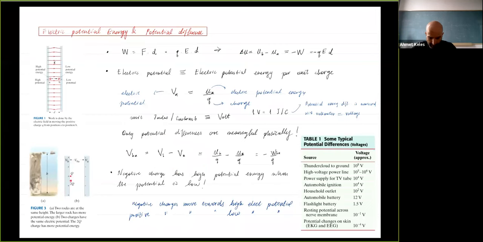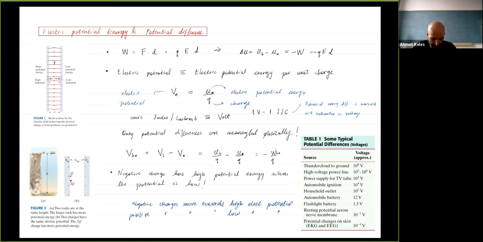So the nice thing about this, if you have the electric potential, you can get the electric potential energy. You just multiply it with Q, right? Q times V is going to give you U. But you have to be careful because Q can be positive and negative.